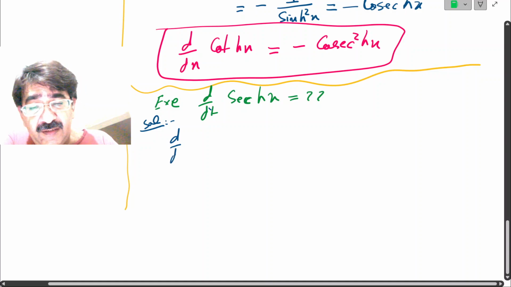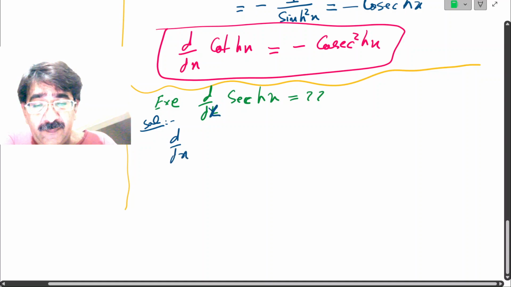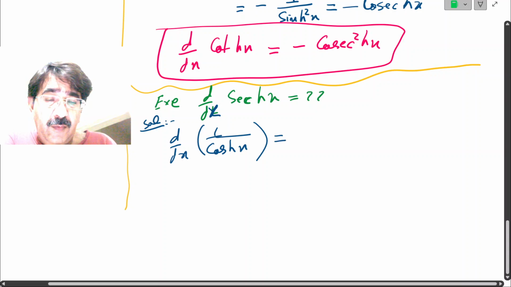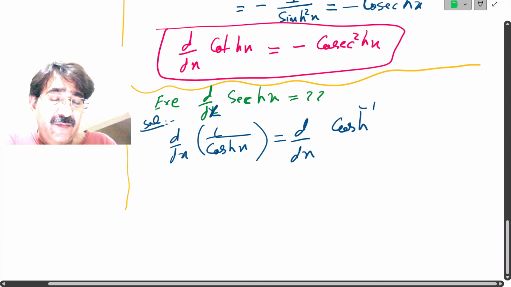This is d by dx, not d by dt. The secant is 1 over cos hyperbolic x. So I may say d by dx of cos hyperbolic x to the power minus 1.